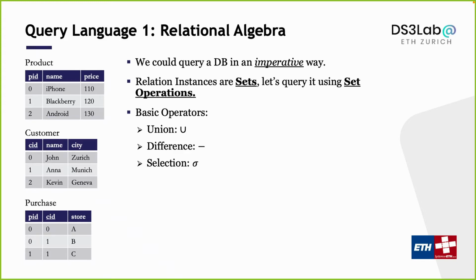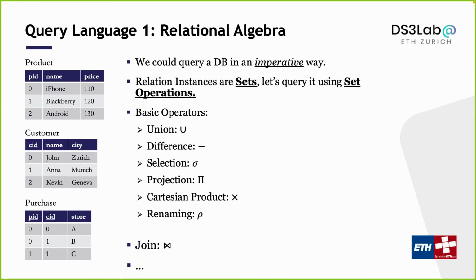I can do selection, projection, cross product, and renaming. We are going to go through each of these one by one later. We can even do a join between 2 different relations. But the high-level idea is that because relation instances are fundamentally sets, we can run set operations over them to create a new relation.